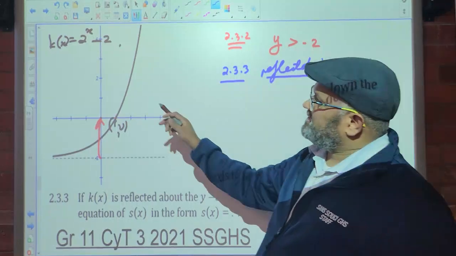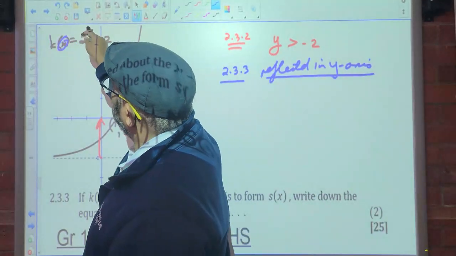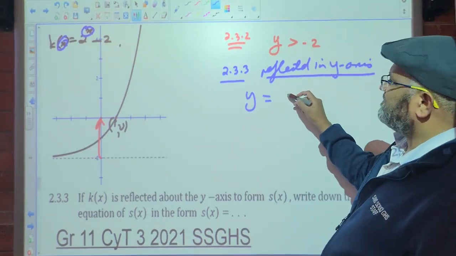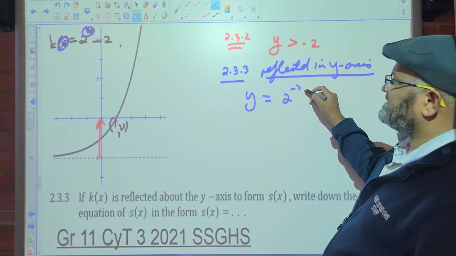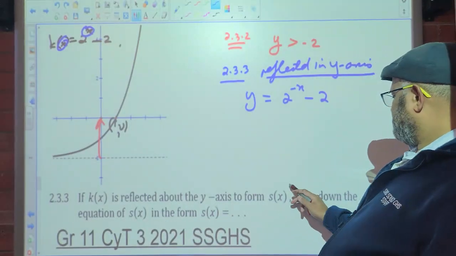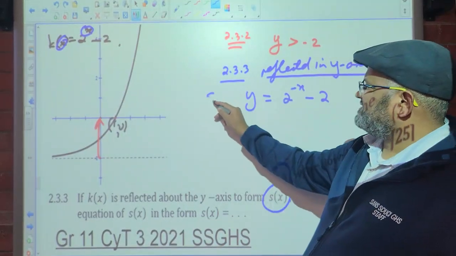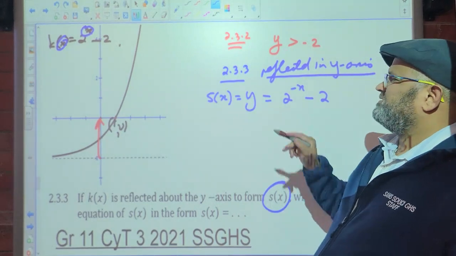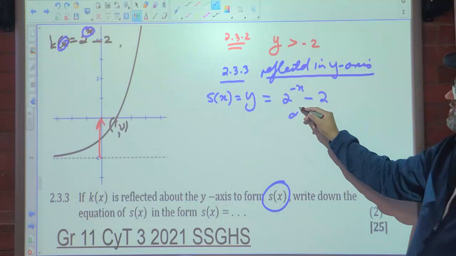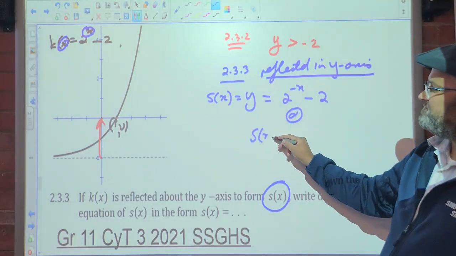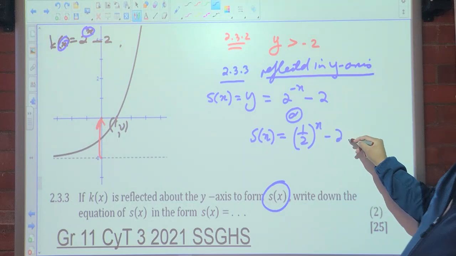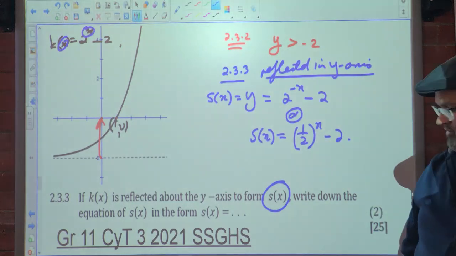So it's k of minus x, or just y is equal to 2 to the minus x minus 2. So s of x is equal to 2 to the minus x minus 2, or it can be written as a half to the x minus 2. The same thing. Okay?